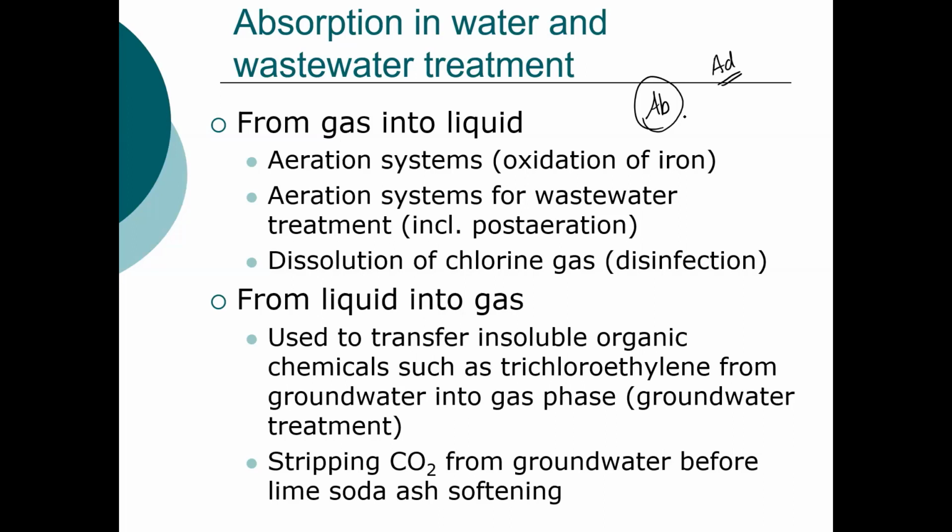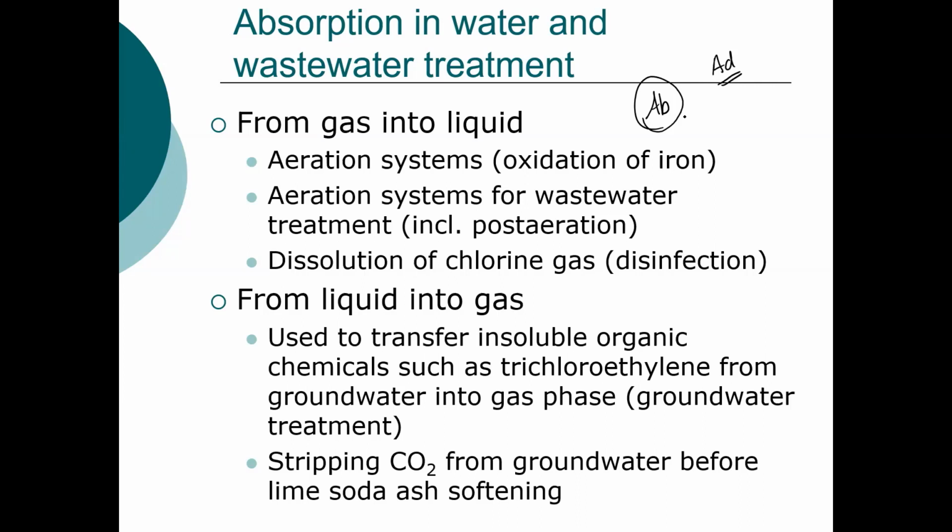So as I've mentioned, and I've got more details in the previous lectures, we can talk about aeration systems. So we can look at oxidation of iron. We can look at aeration systems in wastewater treatment. So we're making sure that we have sufficient oxygen for microbial activity. We can also look at aeration of the effluent before discharge to a water body, so that we're making sure that we're not depleting oxygen when the effluent and the water mixes.